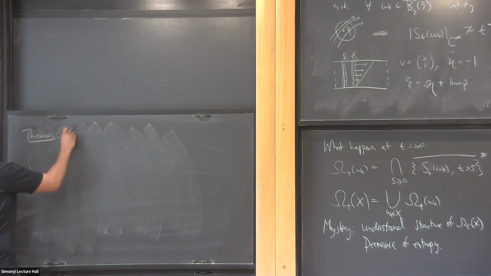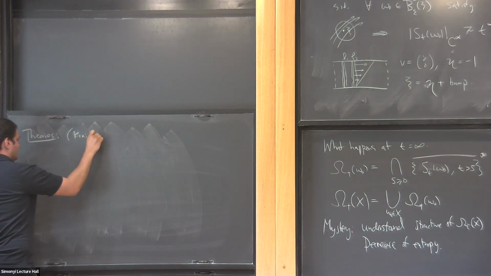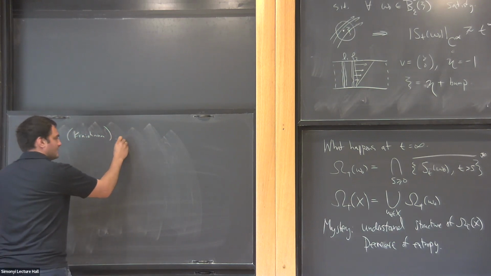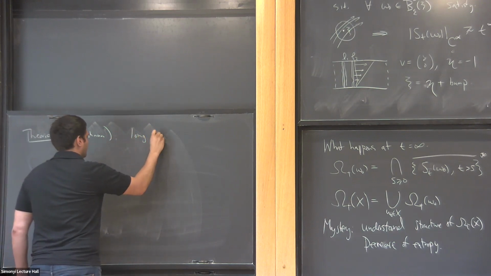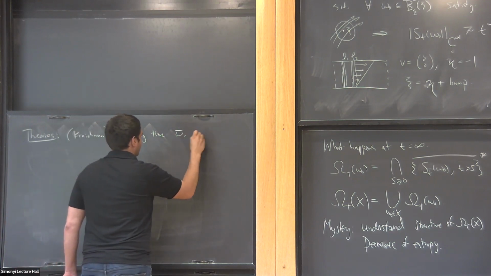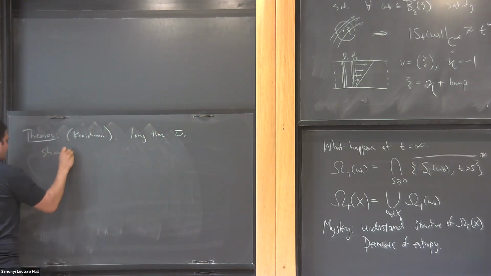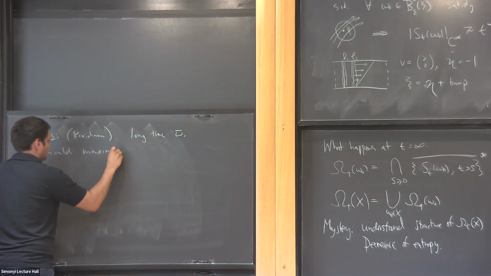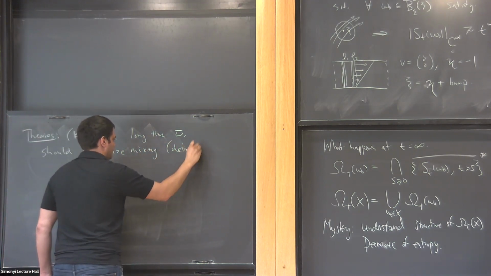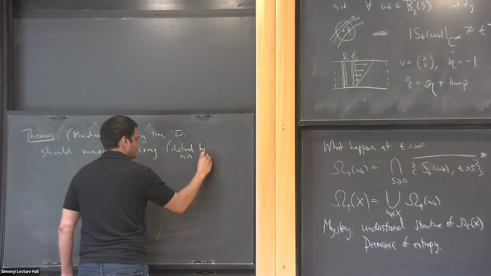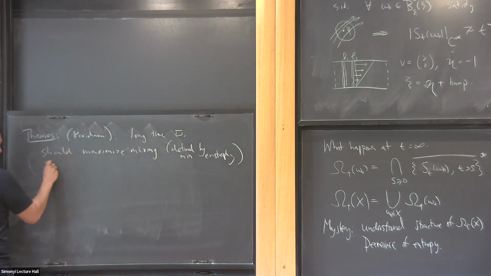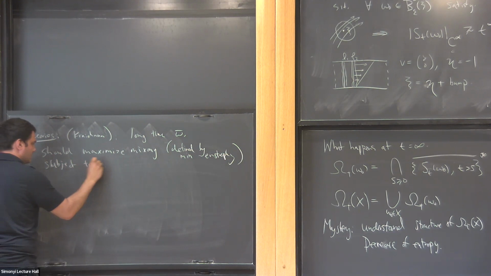Let me just mention here a theory of Kraichnan, which I think is also called selective decay theory, which says that the long time behavior, say omega bar, should generally maximize mixing, defined by minimizing entropy, subject to having constant energy.